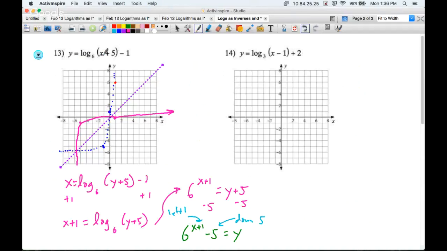Shouldn't be -5. I think I got 1 unit off here. Let's see, yep. That's -5, it moved down 5. Yep, that point was 1 too high, so I'm just off by a unit here.